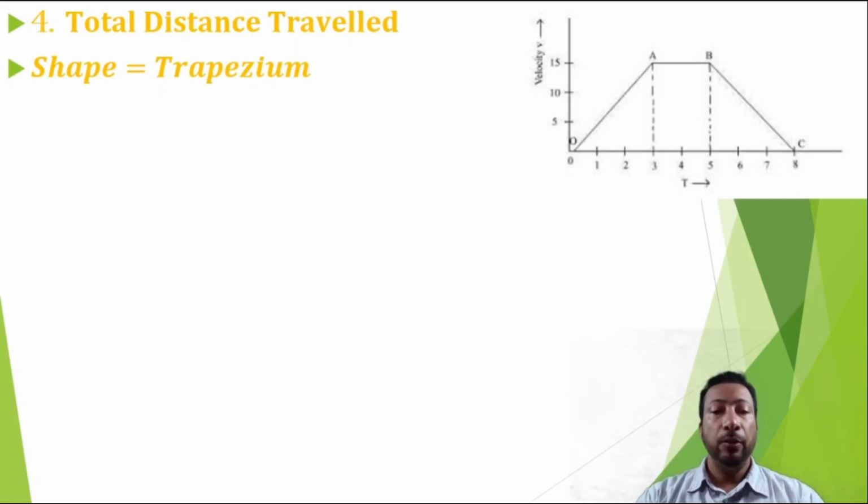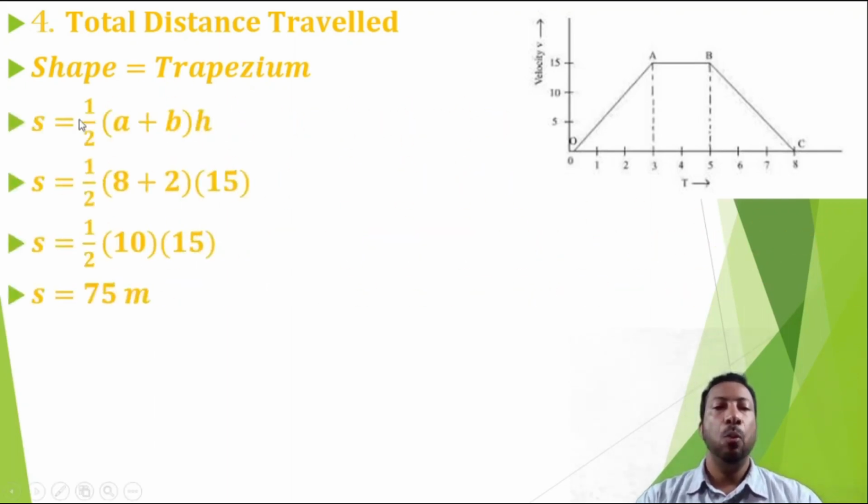The formula to find the area of a trapezium is 1/2 times (a plus b) times h, where a and b are the two parallel sides and h is the perpendicular distance between those two parallel sides. So here, a is this parallel side which has a length of 8, b is this parallel side which has a length of 2, and then h is the perpendicular distance between them, which is 15.